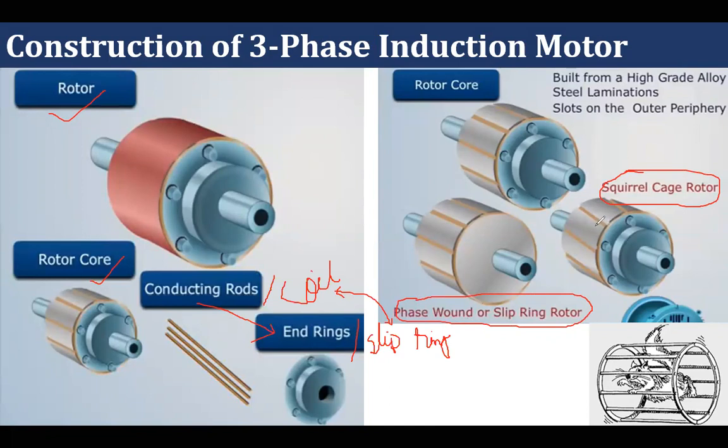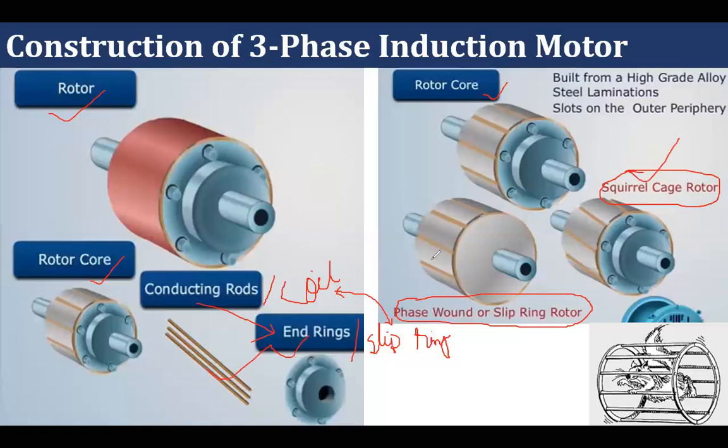This squirrel cage rotor or wound rotor has a core, which is known as rotor core, built from high-grade alloy steel lamination slotted on the outer periphery, and within the slot either rod is placed or coil is placed. If rod is placed with end rings, then it is known as a squirrel cage rotor.